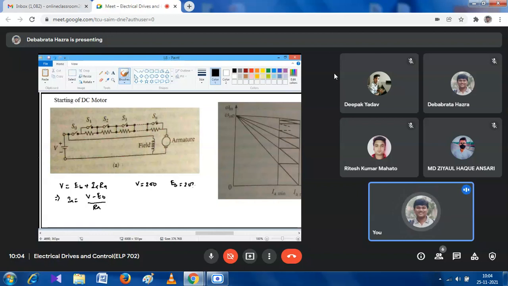Consider that and tell me what is the full load armature current.